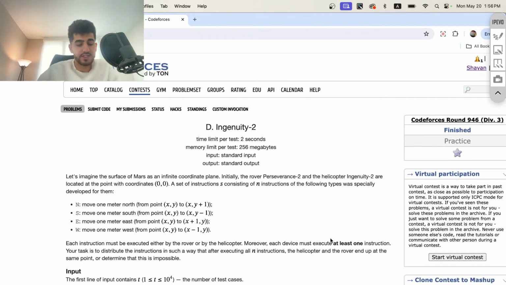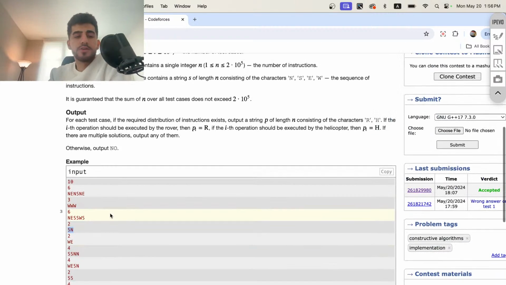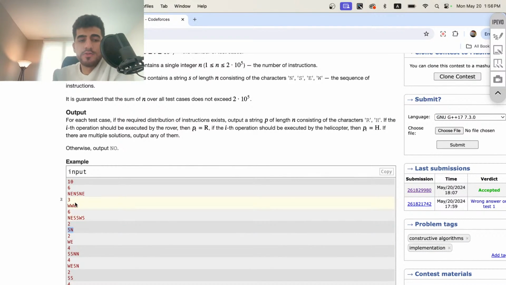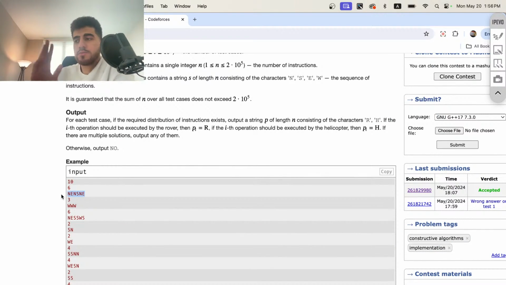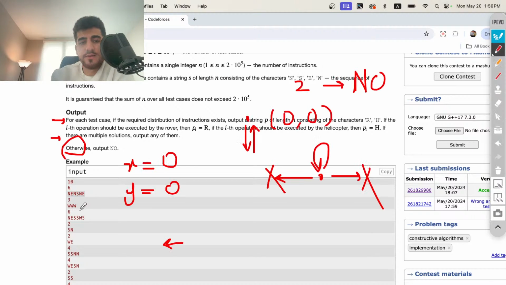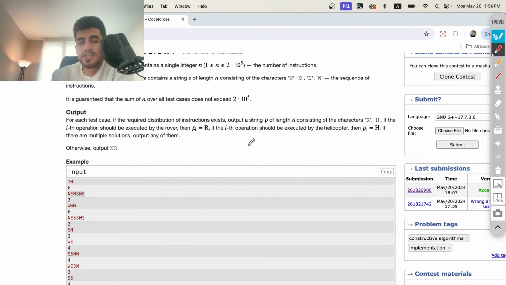The key observation for this question is that if we add up every move of x1 and x2 and see where we end up, it points to some point in our grid, x and y.